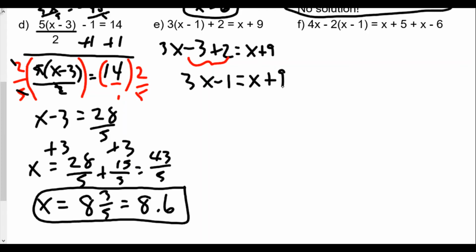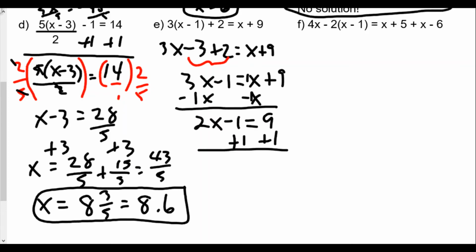I always like to subtract the smaller of two variables. So between 3x and 1x, I'll subtract x on both sides. Keep in mind it's 1x here, even though it says x. So minus 1x. 3x minus 1x is 2x, so 2x minus 1 equals 9. Adding 1 to both sides, we get 2x equals 10. Dividing both sides by 2, x equals 5.